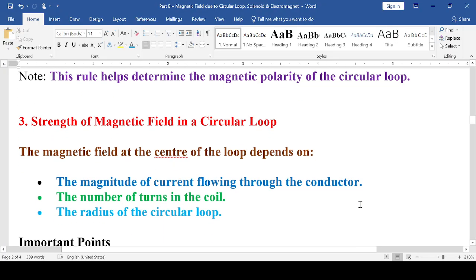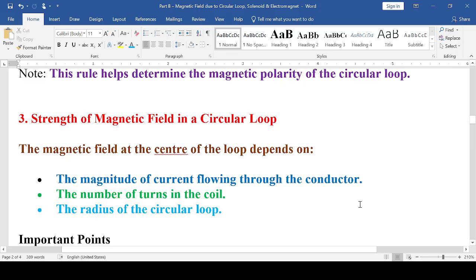So how do you find out the strength of the magnetic field in a circular loop? The magnetic field at the center of the loop depends on the magnitude of current flowing through the conductor, how many turns are present in the coil, and the radius of the circular loop.